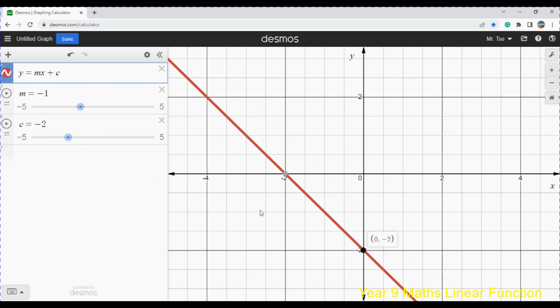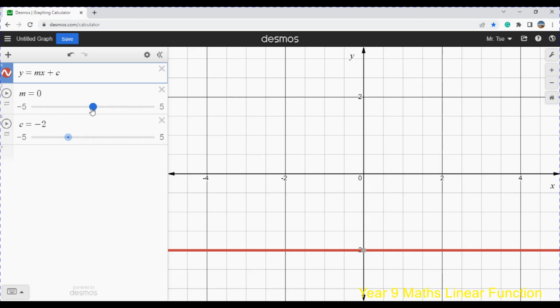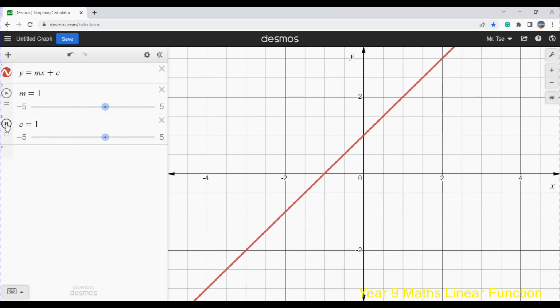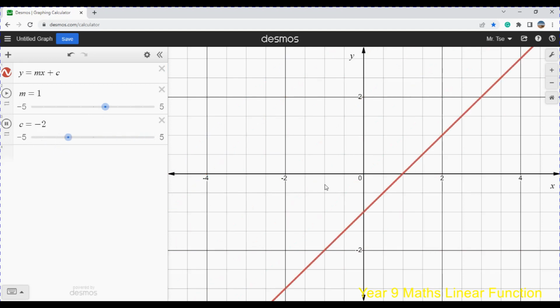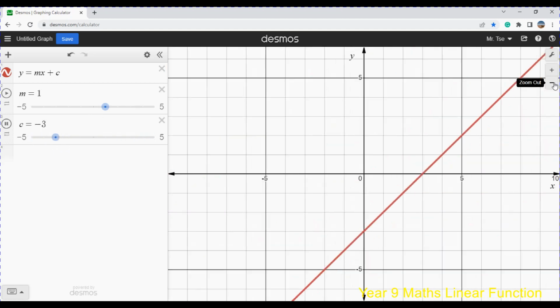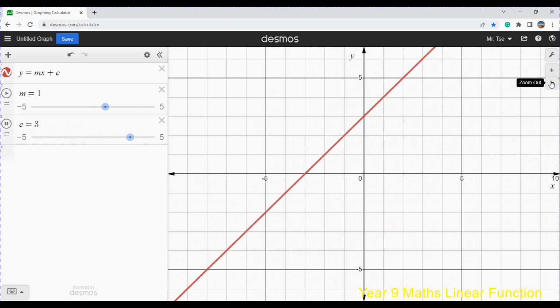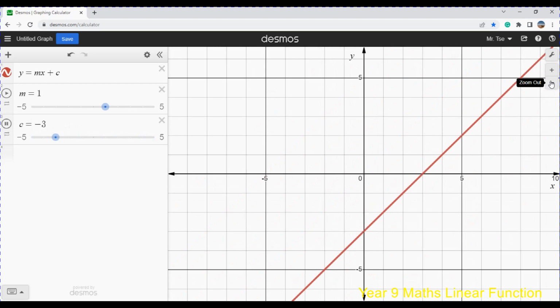Okay, so let's do some animation. How about I go back to gradient equals 1, then I run a little animation on the c value and see what happens when the c value is changing. You can see the line is just moving because the y-intercept is changing.